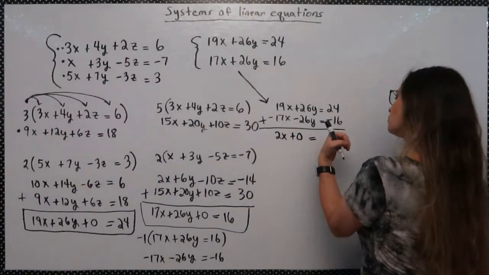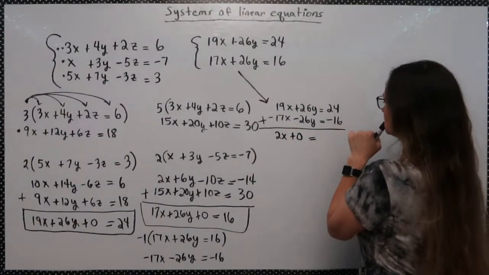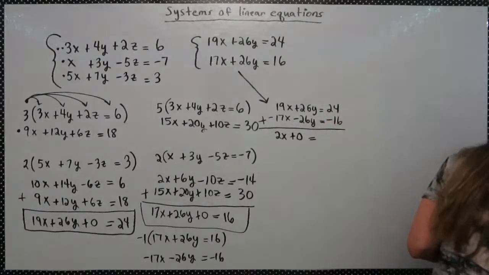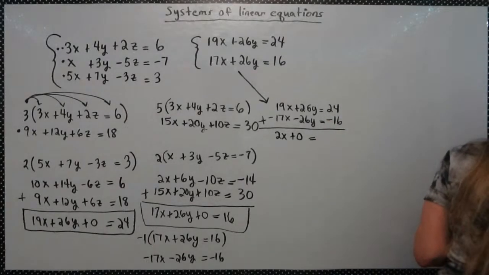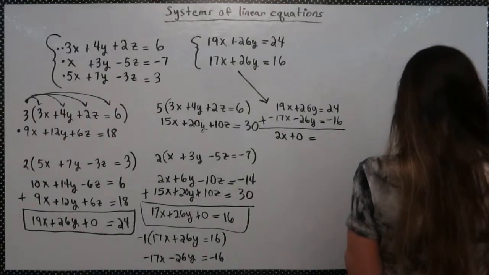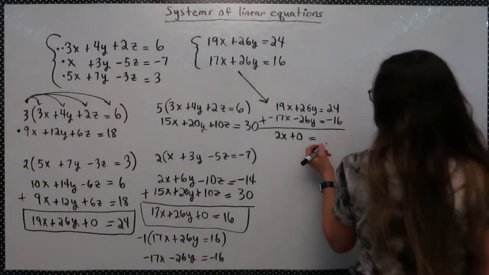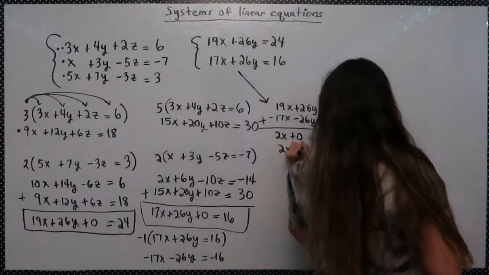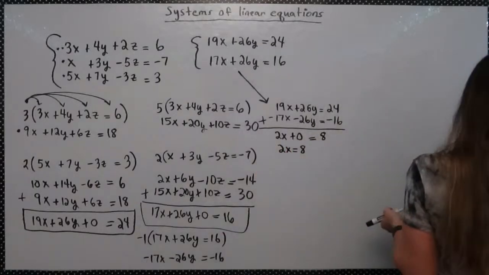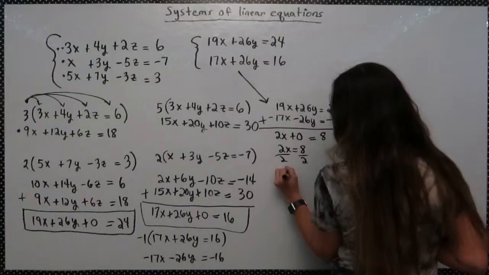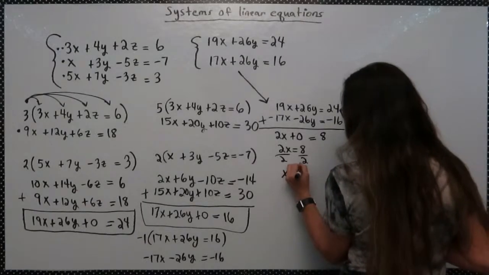And 24 minus 16 is 8. I'm doing too much mental math and I'm tired, so I need to just double check. 24. Okay, good. So we have 2x equals 8. So now we're just dividing off the 2 from both sides, and we're getting x equals 4.